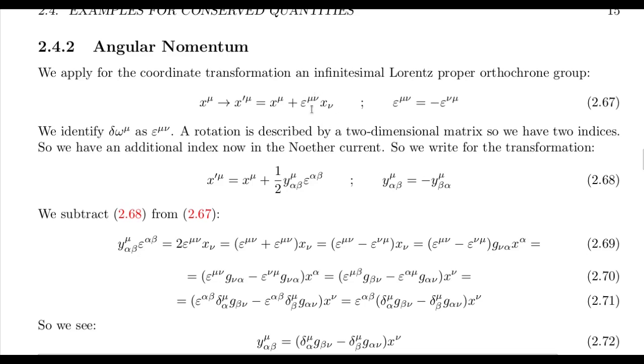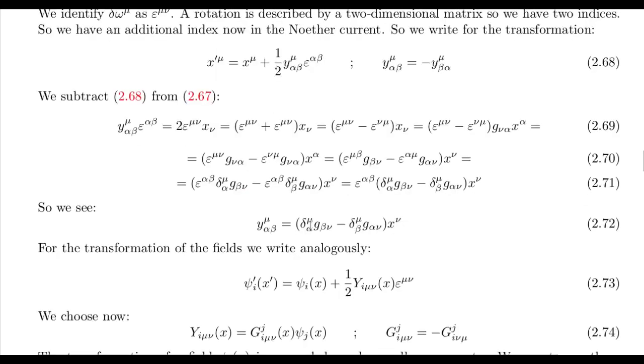We have twice epsilon and x here. And now we will have practice with tensor calculation. We can write instead of 2 epsilon this sum. Then because of the antisymmetry we can here write minus and exchange the indices.